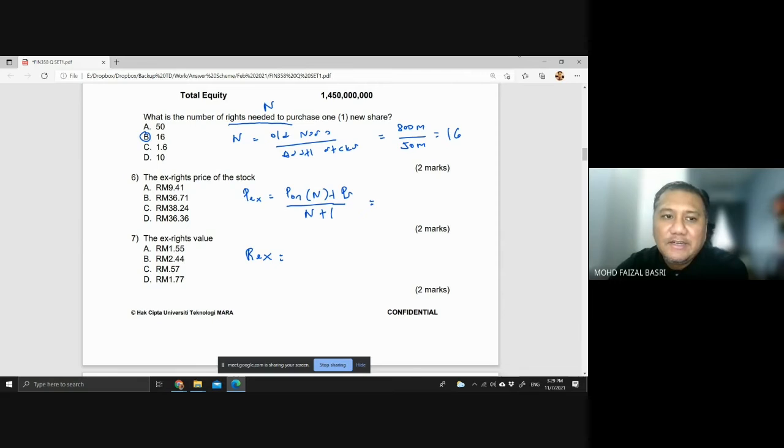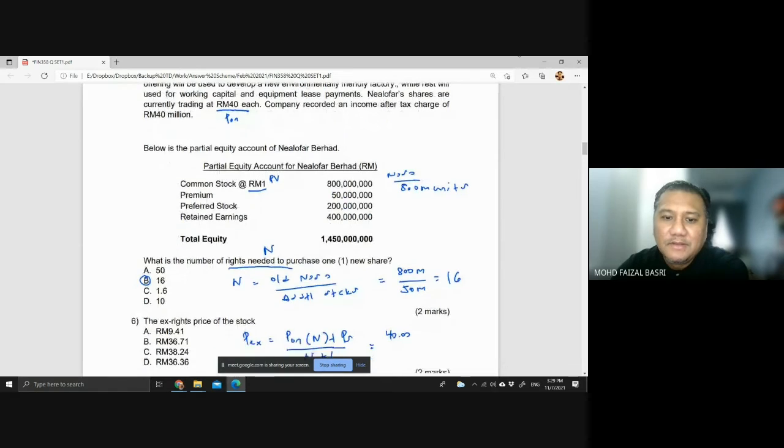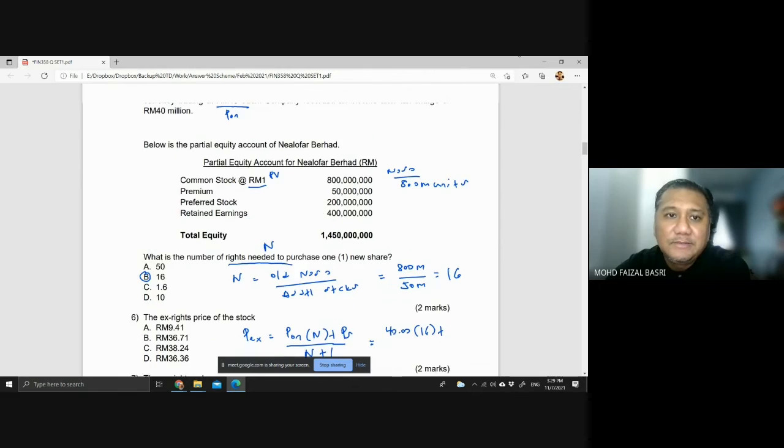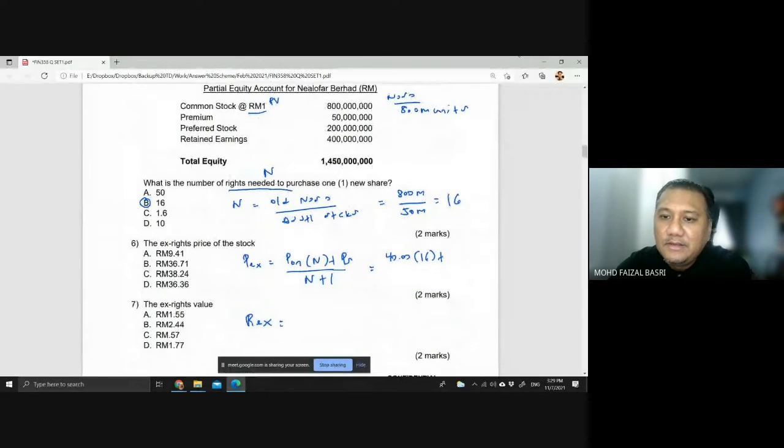So price on dia adalah RM40. Okay, price on RM40. The N yang kita calculate tadi is 16. Times 16. Plus with subscription price this RM10. This one PS RM10. And we're going to divide by 16 plus 1.